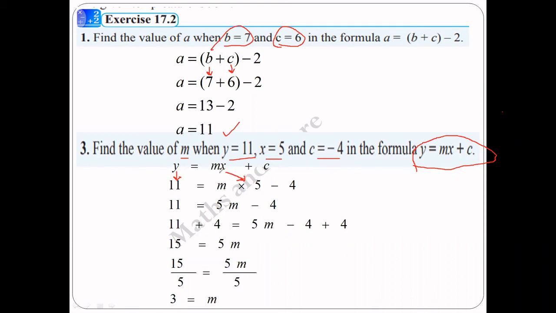Substitute. Then plus c, and c is minus 4. If you want, you can put a plus sign here, but plus minus is minus. That's why I wrote minus 4 directly.